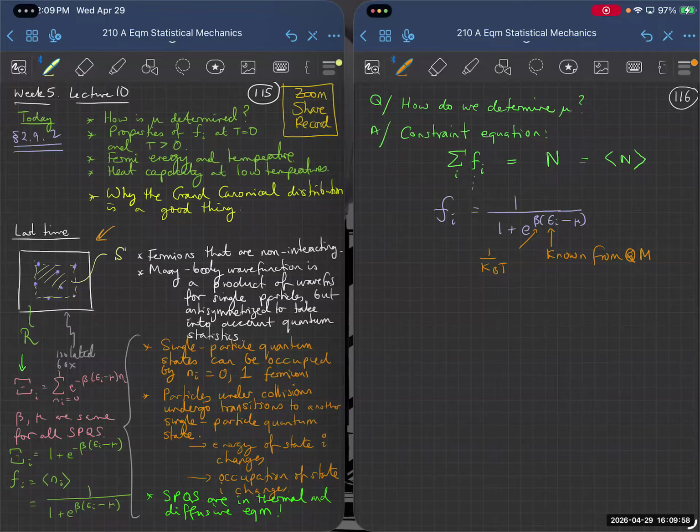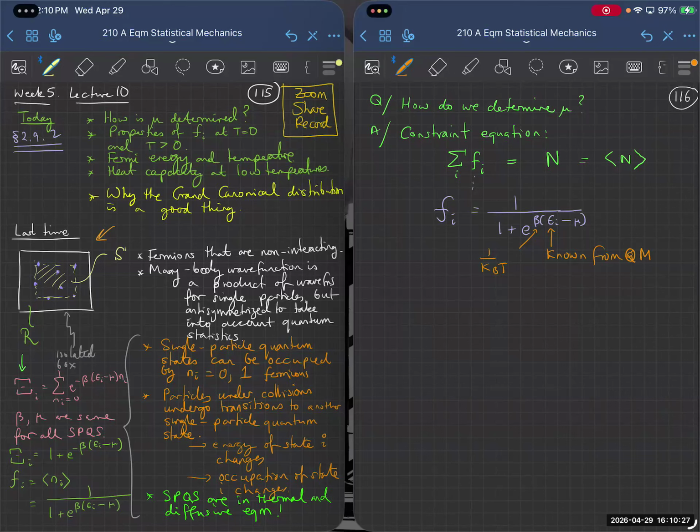So if I plug this Fi into my constraint equation, and I choose mu to be any arbitrary number, I can calculate the left-hand side, and it won't give me the number that is on the right-hand side. So I have to choose mu in such a way that if I plug this form, the Fermi-Dirac distribution, into the constraint equation, it will give me the right number on the right-hand side.